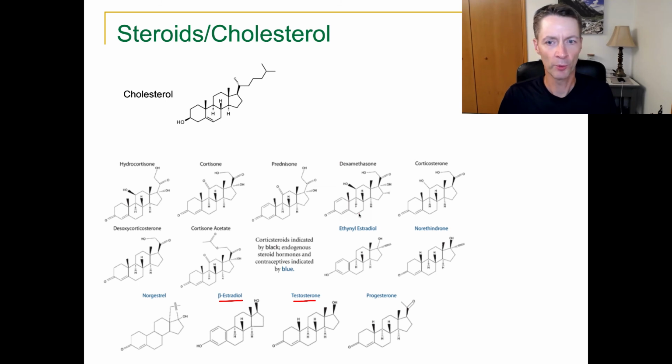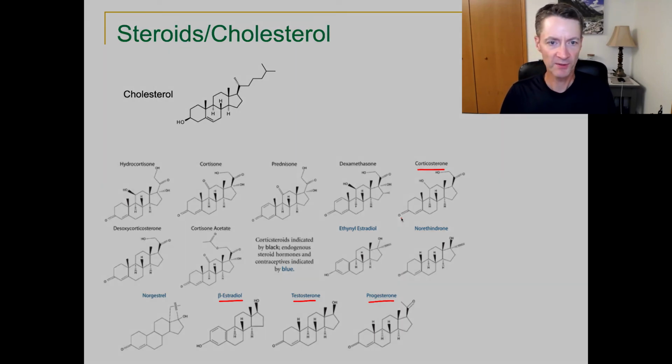Maybe some of you have heard of some of these others, progesterone, for example, corticosterone, right? These are some natural molecules produced by the human body, and without these fatty acids, basic units that make up a fat, we would not be able to have these normal human steroid molecules. Okay?